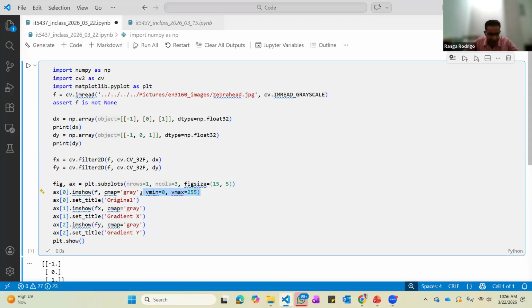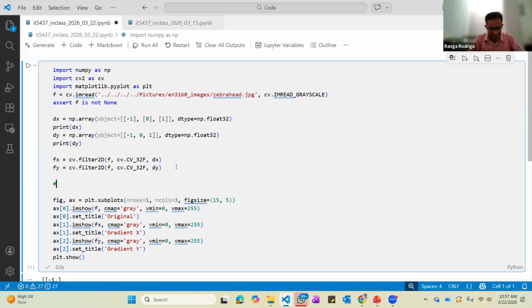Here also we need to give vmin and vmax. But for that, one little thing has to be done: we have to normalize that. Otherwise, you will not get the proper values seen.